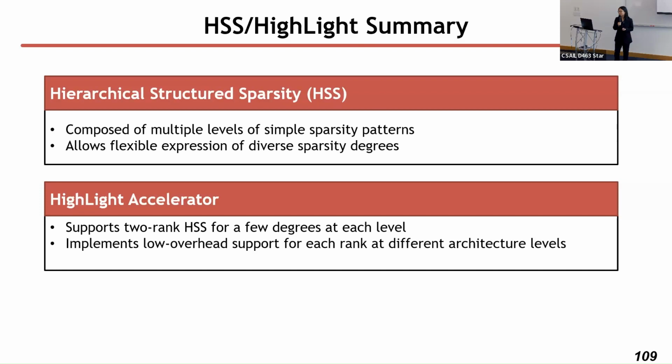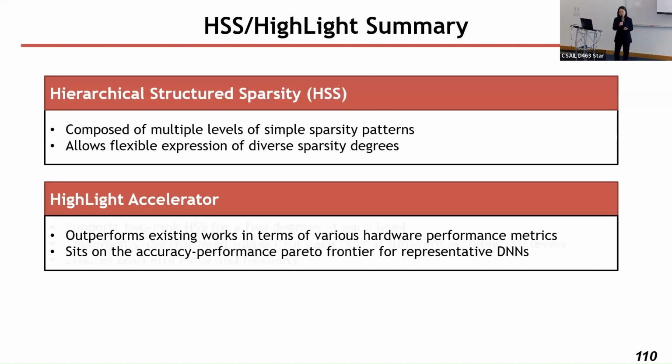This allows us to implement low overhead support for each rank at different architecture levels and ensures both efficiency and flexibility. In terms of experimental results, HighLight outperforms existing work in terms of various hardware performance metrics, and it sits on the accuracy-performance Pareto frontier for representative DNNs.